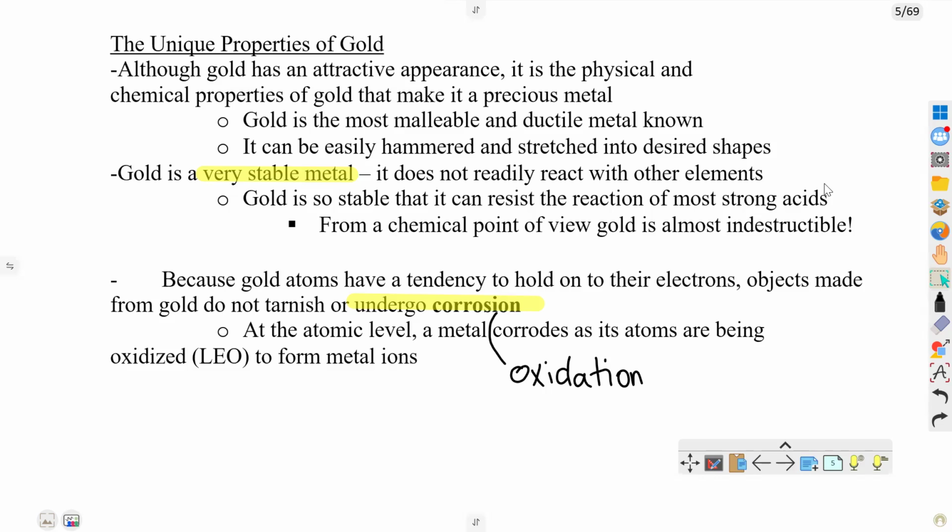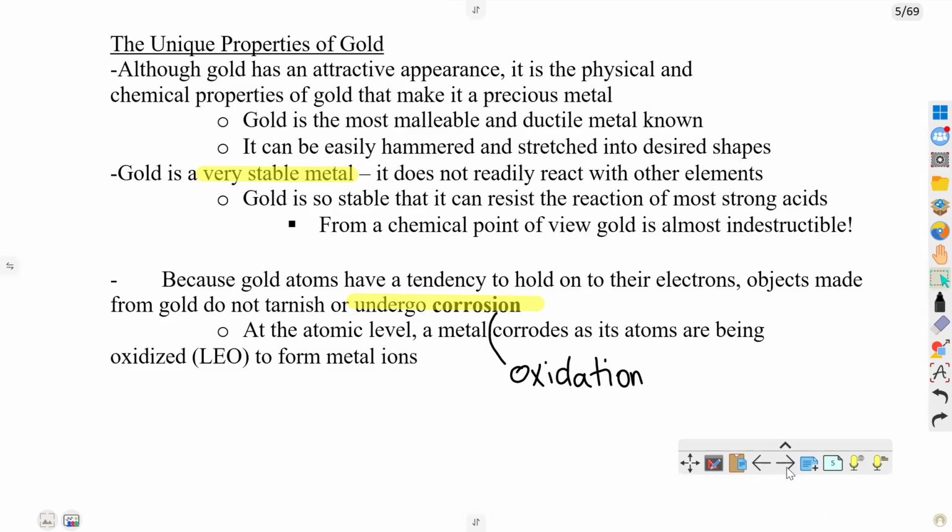And the reason why is because the gold atoms hang on to their electrons a little bit more tightly. So corrosion and tarnish are not very likely to happen. Therefore, oxidation is going to be very hard for gold to undergo.